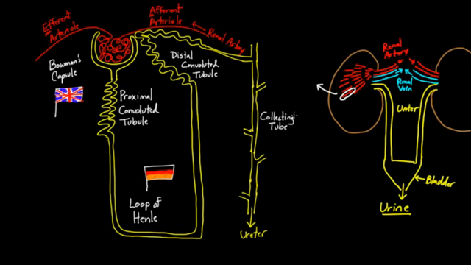You're probably still wondering, where is the renal vein in all this? I mean, I still drew the efferent arteriole as being red and it's got oxygen. So where does the venous blood come from? And the answer is right here. So you basically get red blood, or oxygenated blood, flowing over all these parts of the tubule.